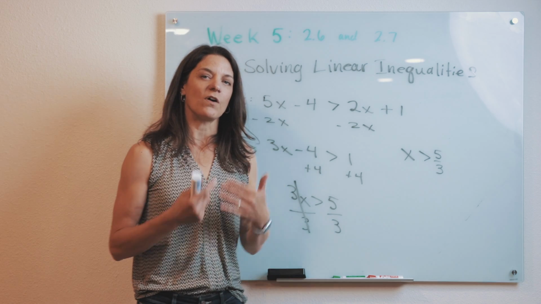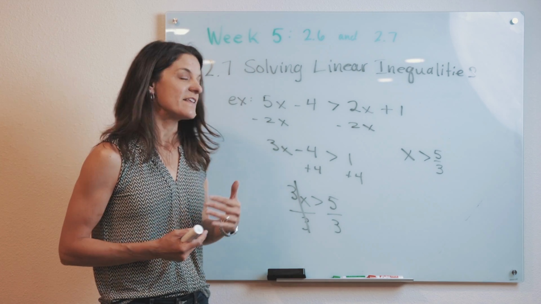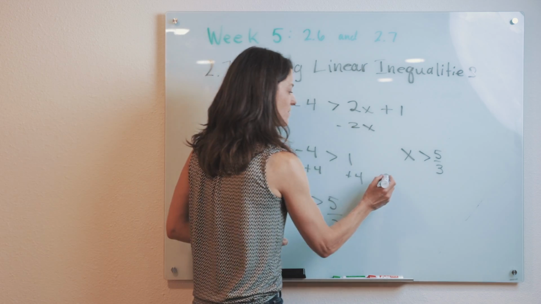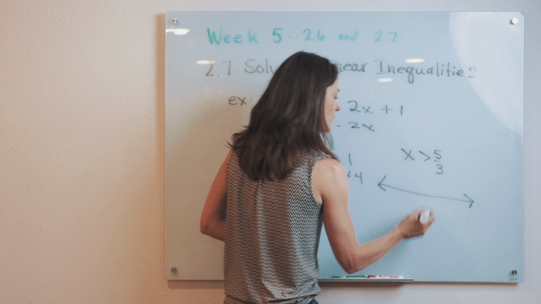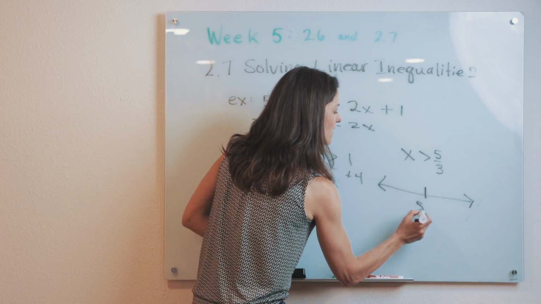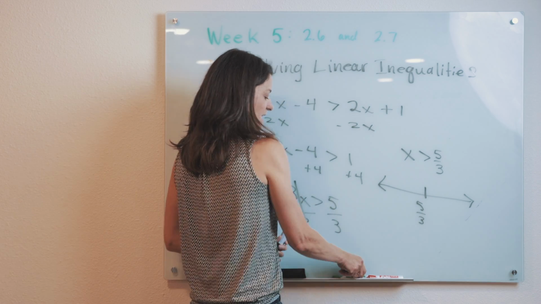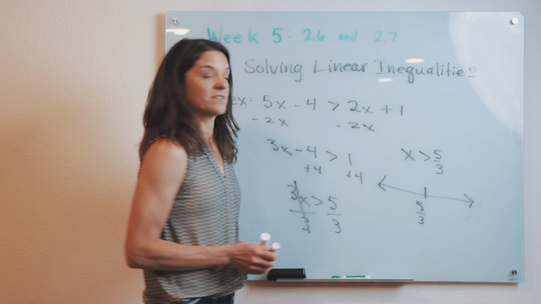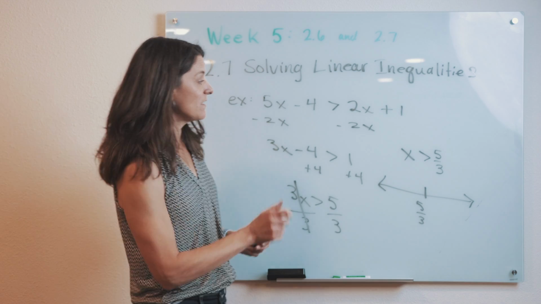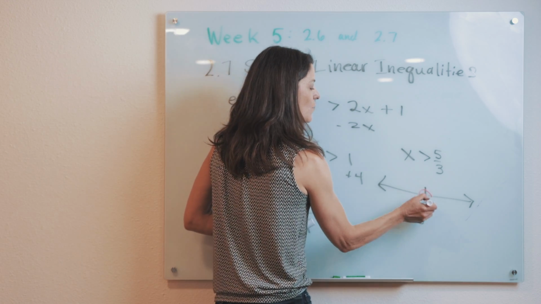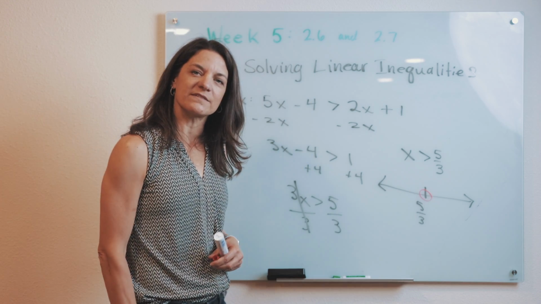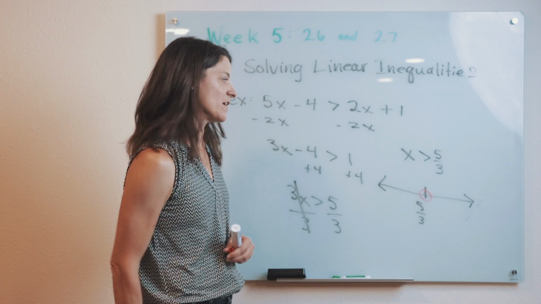In this section, we're also going to learn how to express that set of numbers using a number line, where we mark that value on the number line. It does not include 5/3. It doesn't have that little half equal sign. So we use an open point, a circle, to say that number's not included.